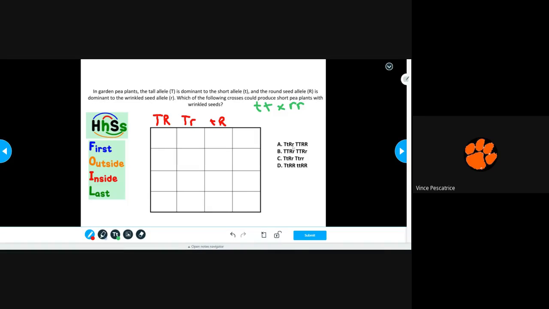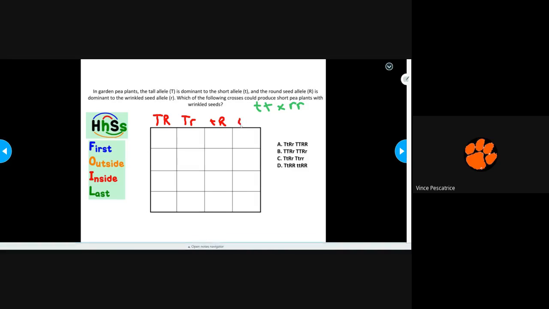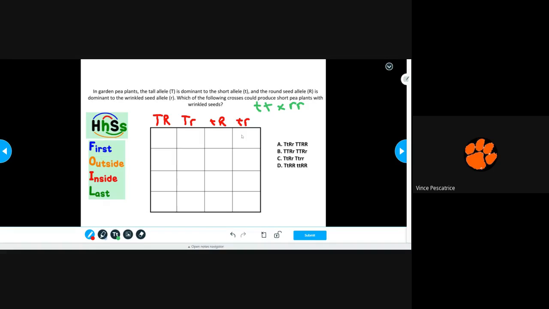And then the last would be lowercase t, lowercase r. So now for the next pair, you're going to do, again, first, outside, inside, last.